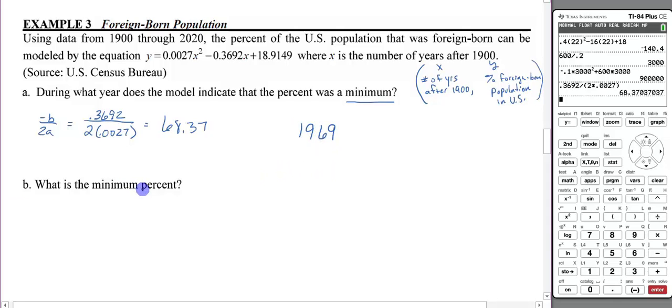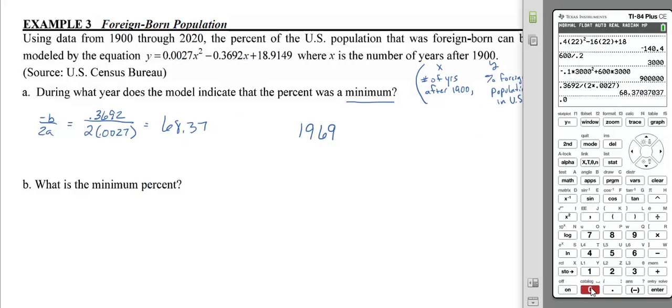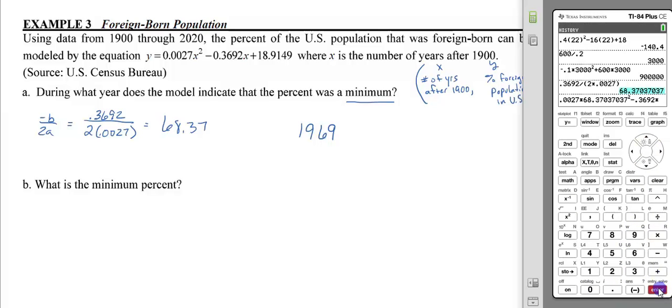And then what is that minimum percent? So we're going to put that number back into our function and figure out what the y is that goes with that x. 0.0027 times that number squared minus 0.3692 times that number plus 18.9149.